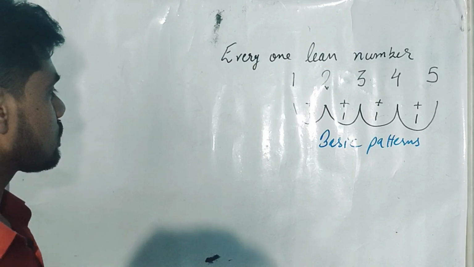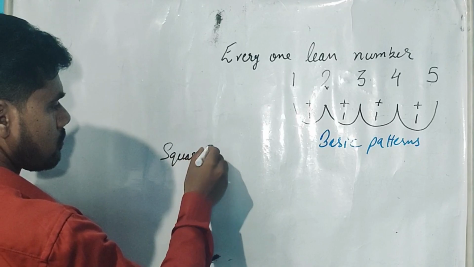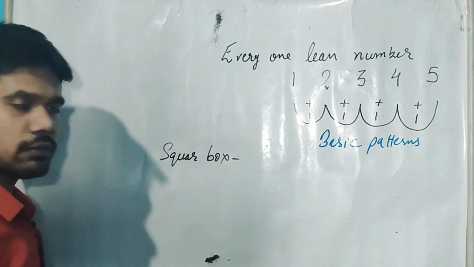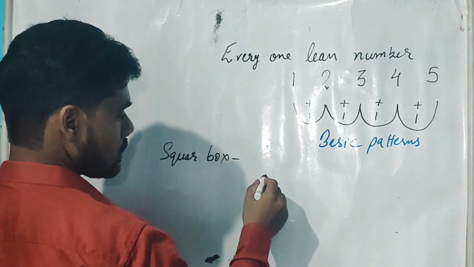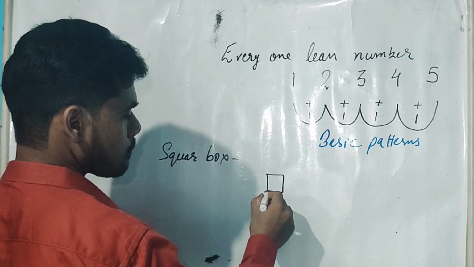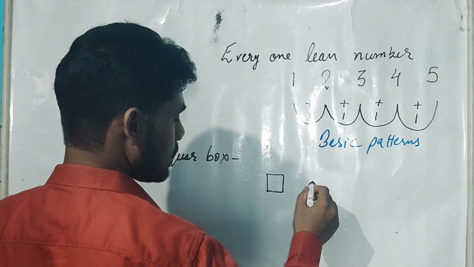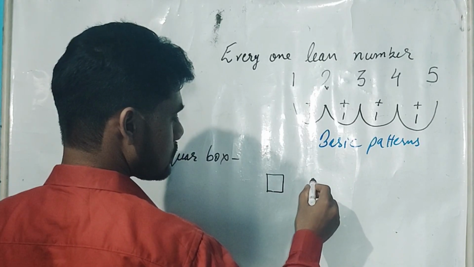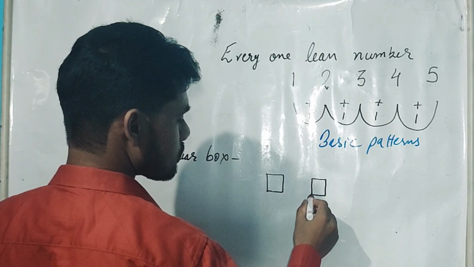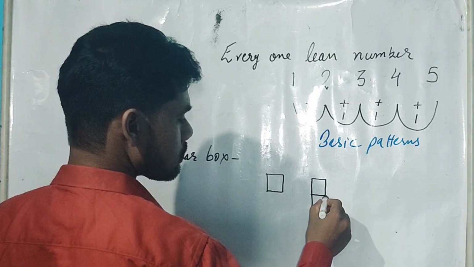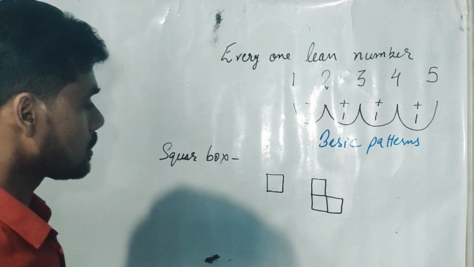If we talk about a square box, this is one single box, right? And this is another box. There are 3 boxes.